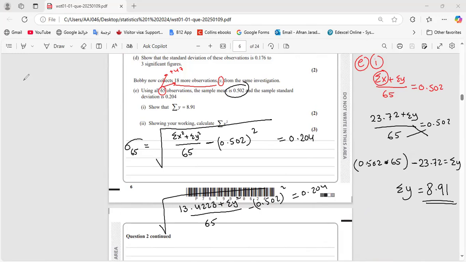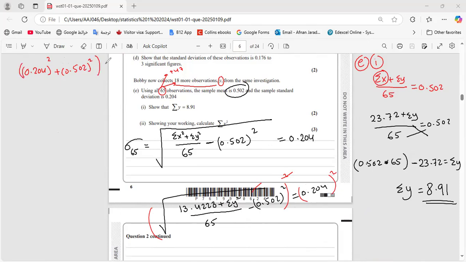Okay, to find the sum of y squared, you need to square both sides. Then the square root with the square cancels, and it will be 0.204 squared plus 0.502 squared.